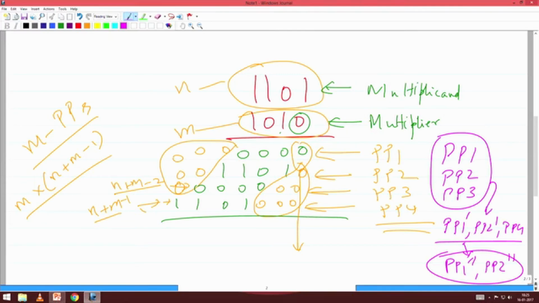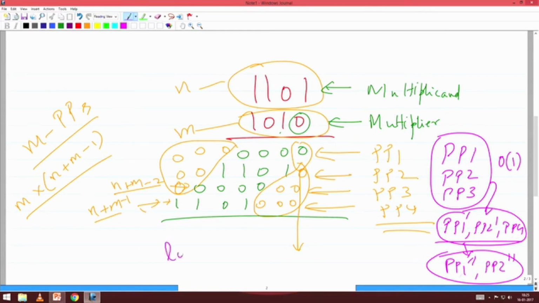So the problem of adding 4 numbers, in constant time I can convert these 3 numbers into 2 numbers, this will take order 1 time, 1 full adder, and again in constant time I can convert these two new numbers that are generated along with the old PP4 into 2 numbers.